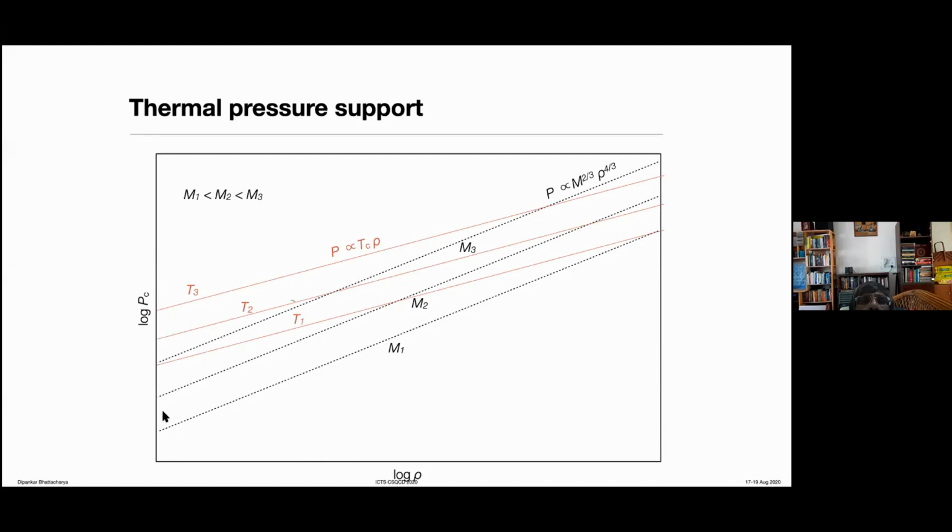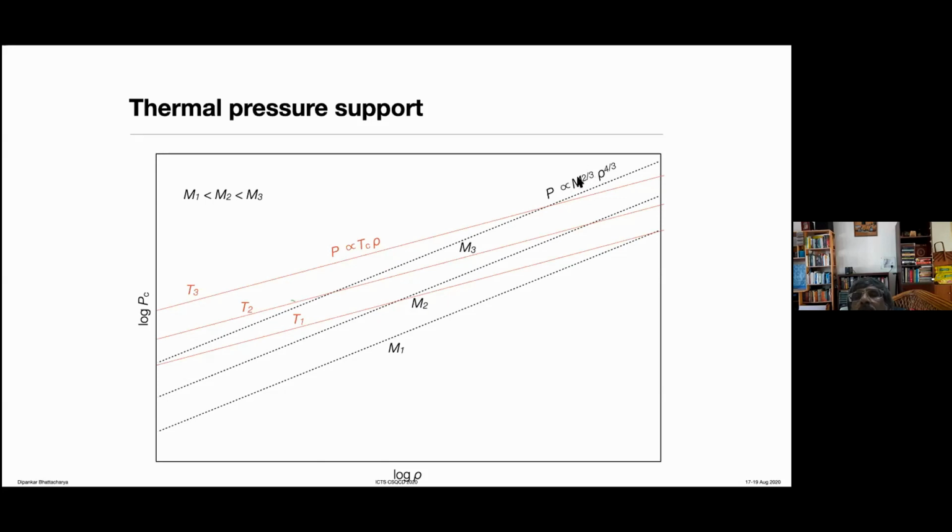Then I can try to describe this in this very simple diagram, where I have log of central density on the horizontal axis, log of central pressure on the vertical axis. G M to the power of 2/3 rho to the power of 4/3, that is pressure proportional to M to the power of 2/3 rho to the power of 4/3, can be drawn as straight lines in this diagram, where log P is proportional to 4/3 times log rho, and the proportionality constant has mass in it.